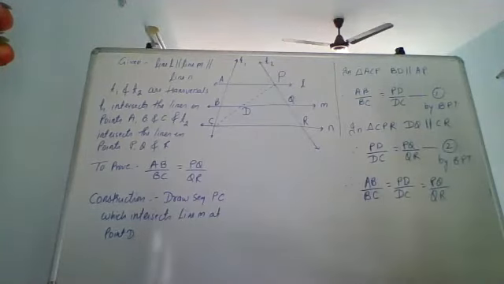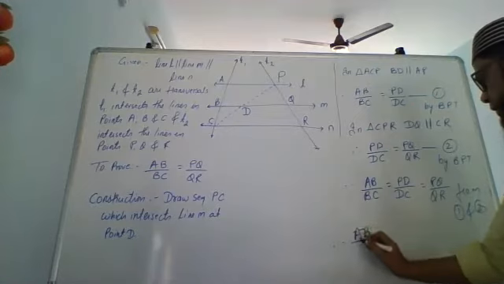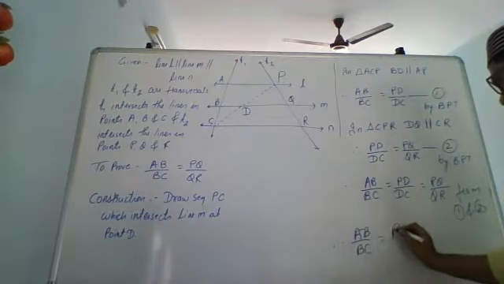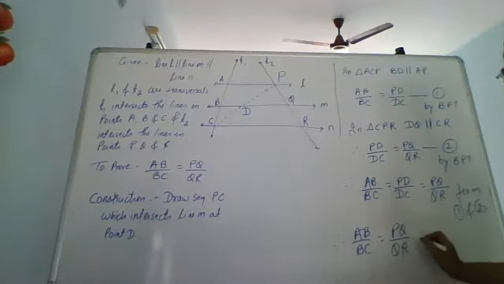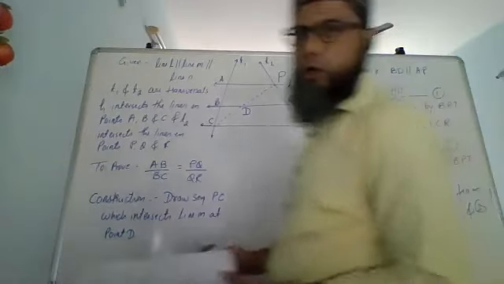PQ upon QR, from 1 and 2. Therefore, AB upon BC equals PQ upon QR. That is what we have to prove. Just copy it.